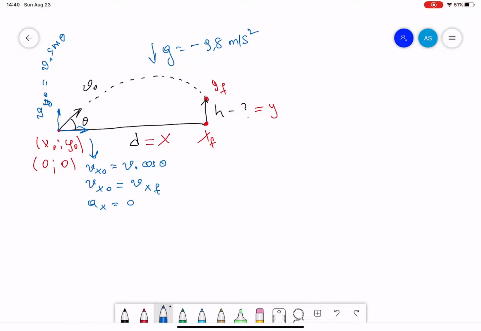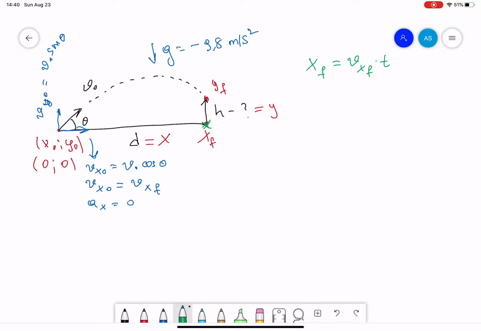So let's write down the equation. x final is equal to vx final multiplied by the time, when the water reaches that position, x final.